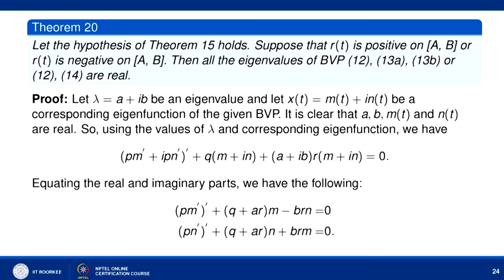So let us assume that lambda is complex. We want to prove that it is real, so let us first assume that it is complex and then try to show that this is not the case. So let lambda equal a plus ib, where a and b are real constants, be an eigenvalue, and let x(t) equal m(t) plus i n(t), which is again complex, be a corresponding eigenfunction of the given boundary value problem.